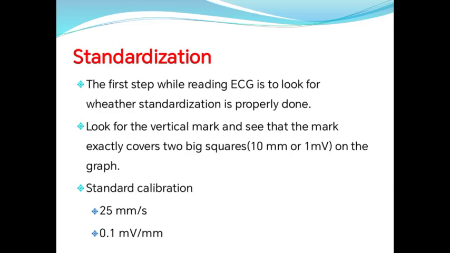That means this ECG paper goes 25 millimeters every second, and the amplitude is 0.1 millivolt per millimeter. That means every small square equals 0.1 millivolt. This is the standardization, and this is very, very important.